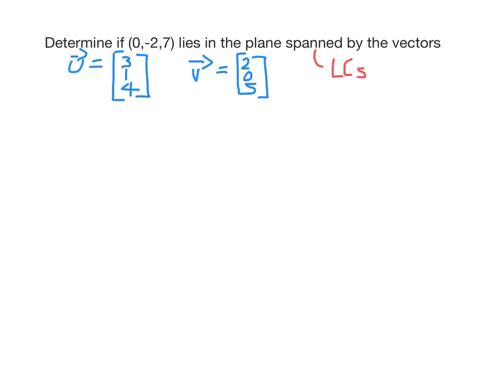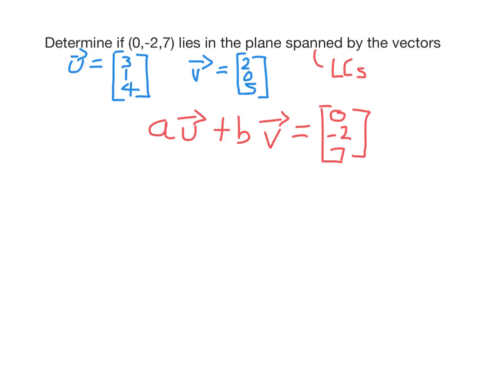So another way of saying that, I'm asking, are there any solutions to a times u plus b times the vector v to give me the position vector associated with this point 0, -2, 7. So when I say solutions, I mean pairs of values a and b that make this a true statement.